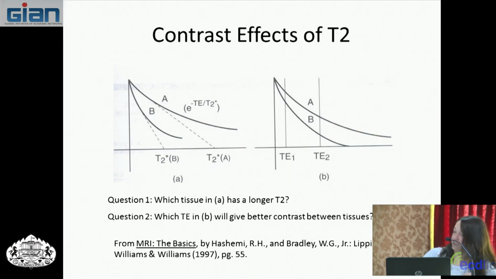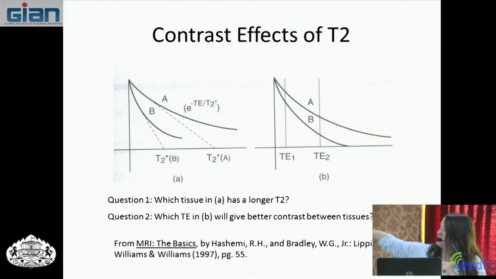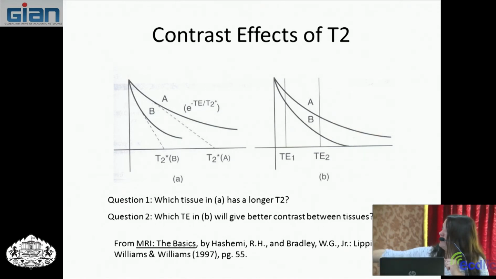Yes, tissue A is taking a longer time to dephase. So if we were to listen immediately, we would see that there's not much difference between the two tissues. But if we wait a longer time, we get a better contrast between tissue A and tissue B if we're looking at a T2 contrast.